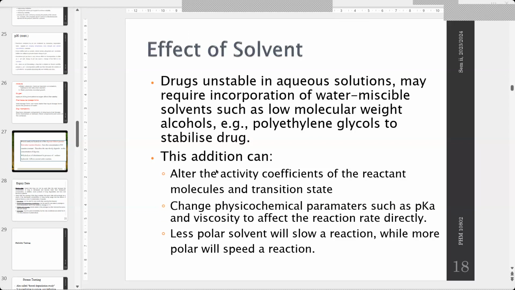The addition of such a co-solvent, we call it co-solvent in this case because it mixes with water, can alter the activity coefficient of the reactant molecules and transition state, and change the physicochemical parameters such as the pKa and viscosity to affect the reaction rate directly. Less polar solvents will slow the reaction while more polar will speed the reaction. Okay.